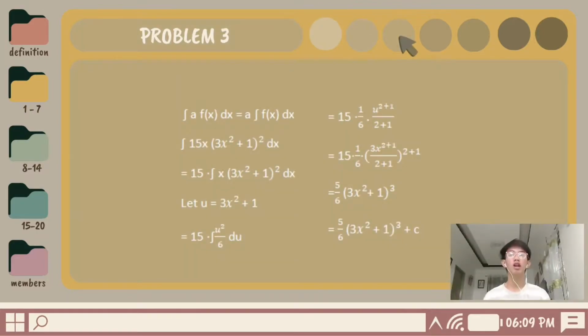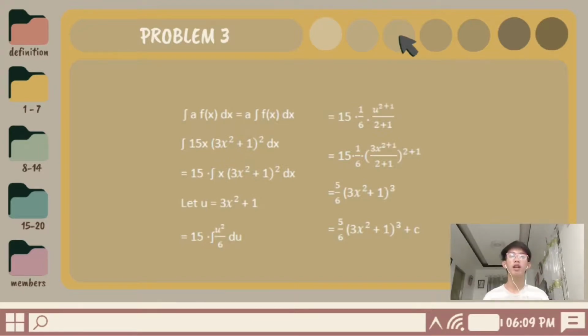Equation 3. Integral of constant a times f sub x dx equals constant a times the integral of f sub x dx. Here we can have the integral of 15x times the quantity 3x squared plus 1, all raised to 2, dx. First thing to do is to put the constant 15 before the integral sign.